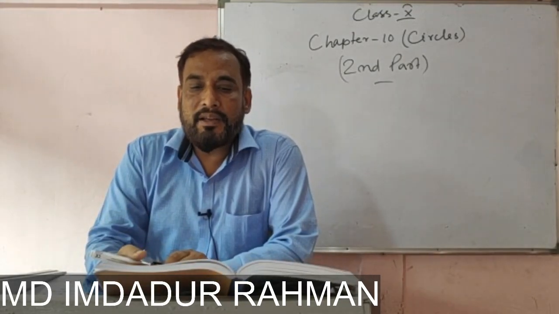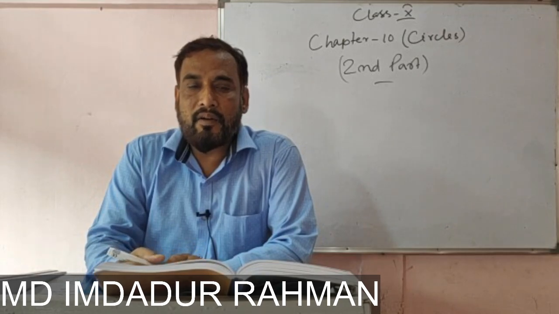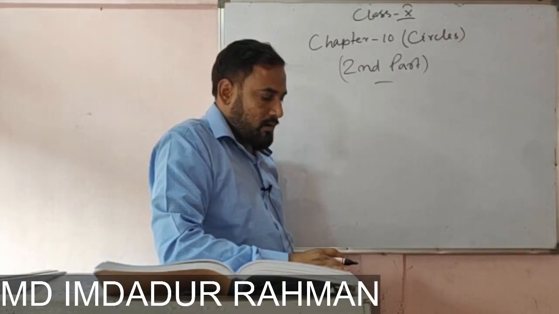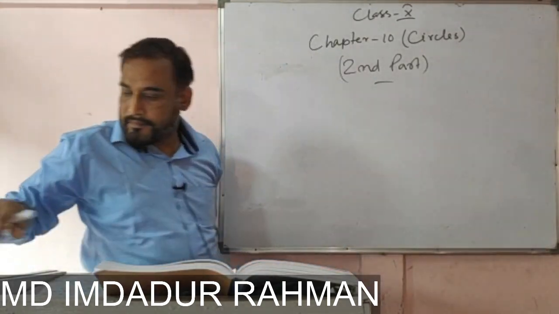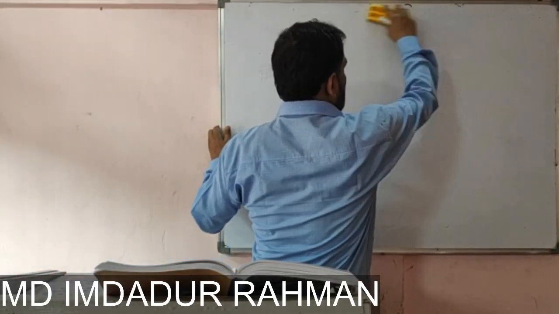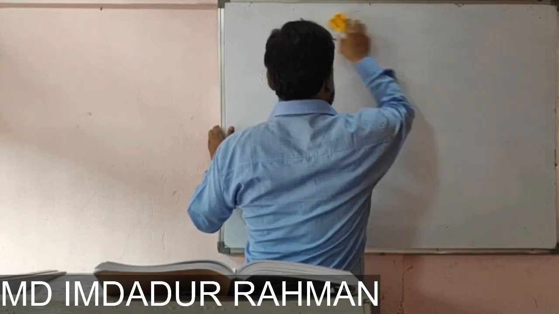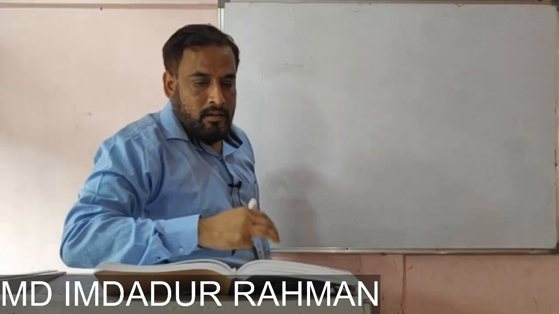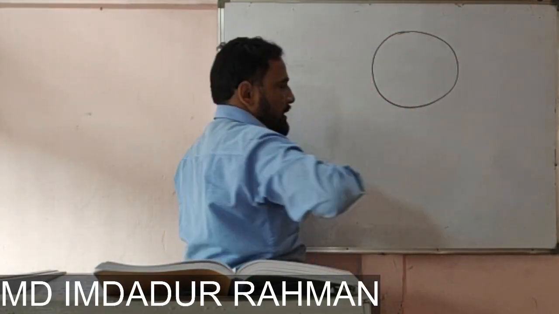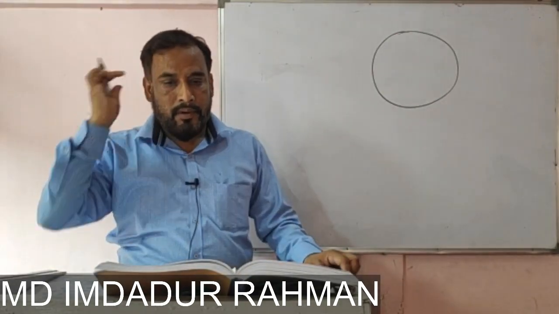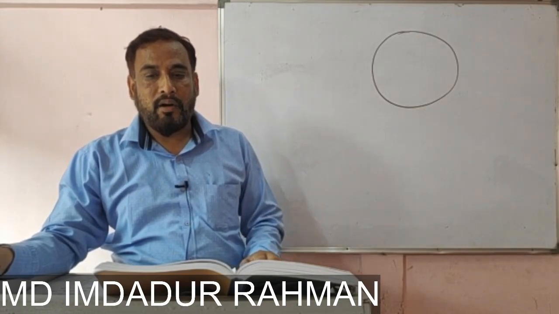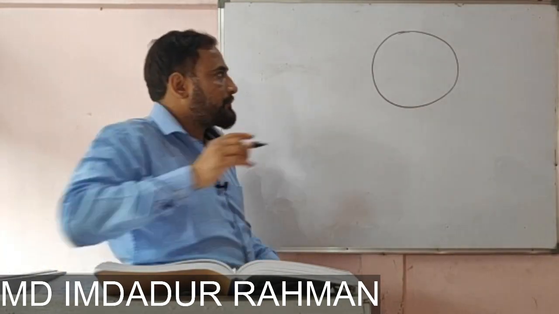Question is, prove that the tangents drawn at the ends of a diameter of a circle are parallel. So we are drawing this circle. Your question is, the tangents drawn at the end of a diameter of a circle are parallel.